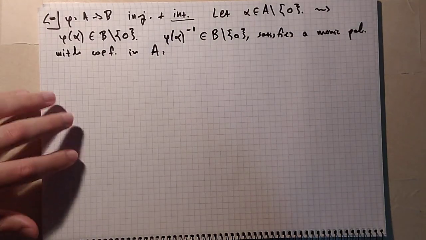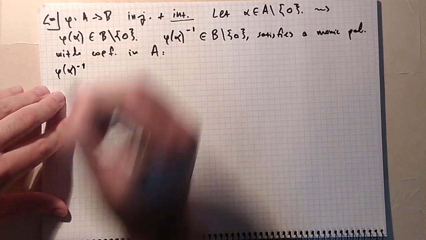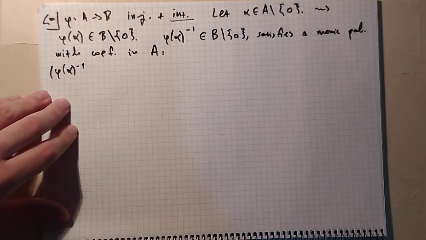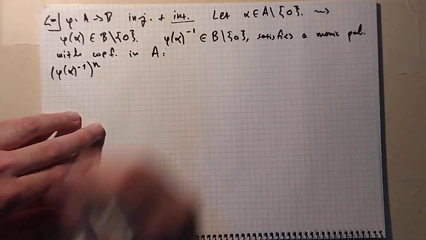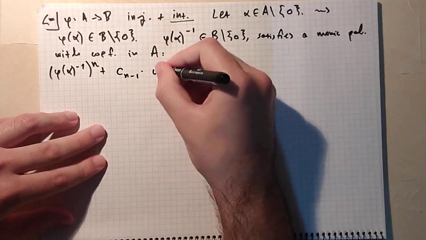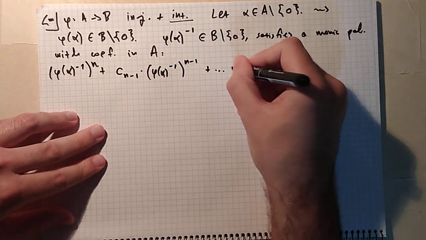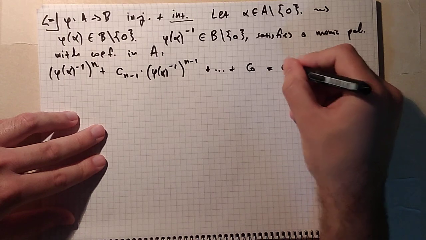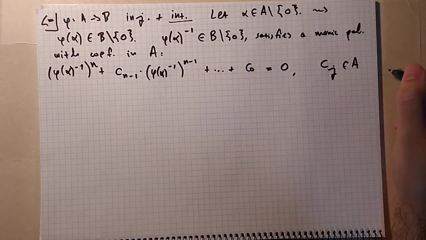Let me write down this equation. It's going to look something like this: phi of alpha to the power of -1, to the power of n, and so on, and the coefficients lie in A.